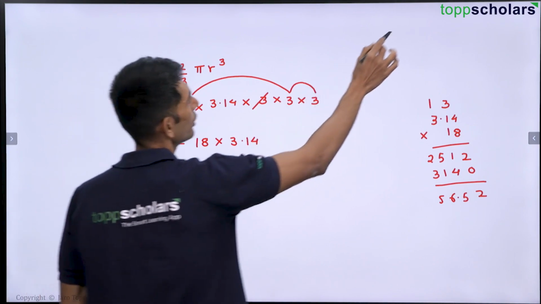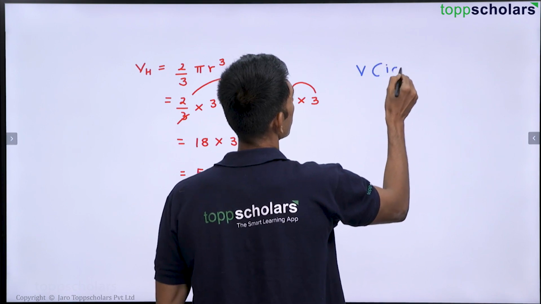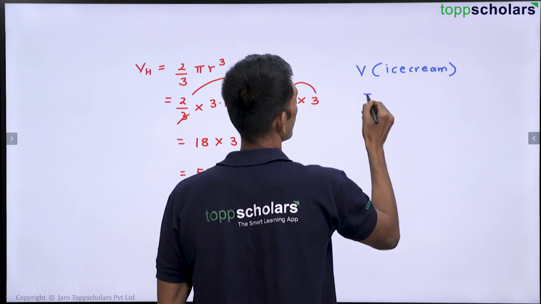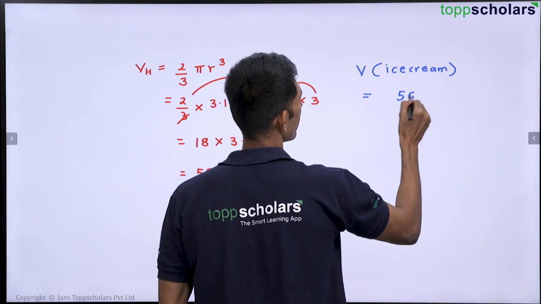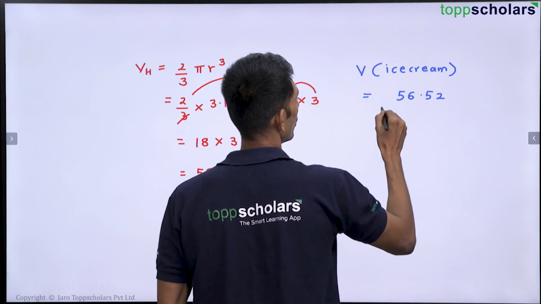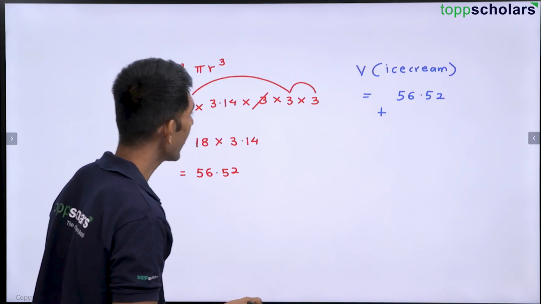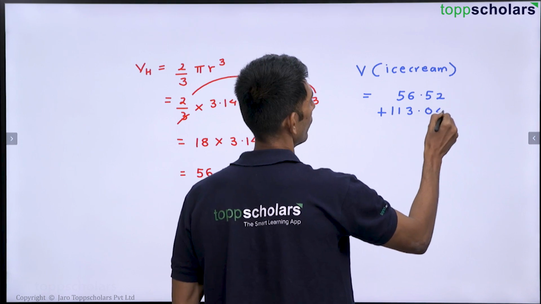Now let's find out the volume. So now can I say that the volume of ice cream will be equal to the volume of hemisphere, that is 56.52, plus the volume of the entire cone, that is 113.04.